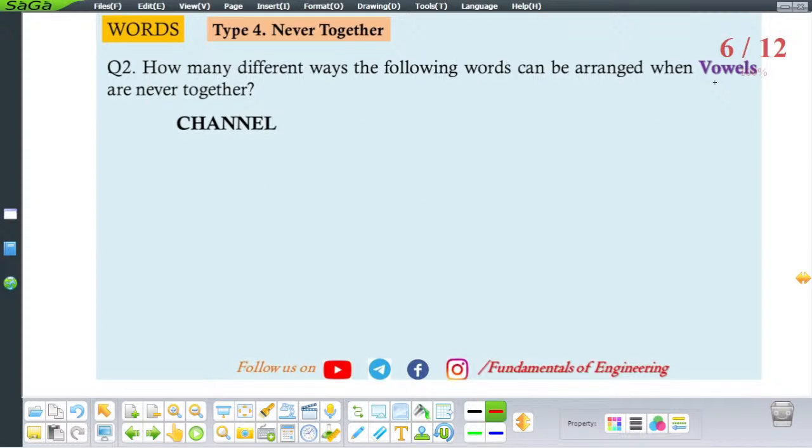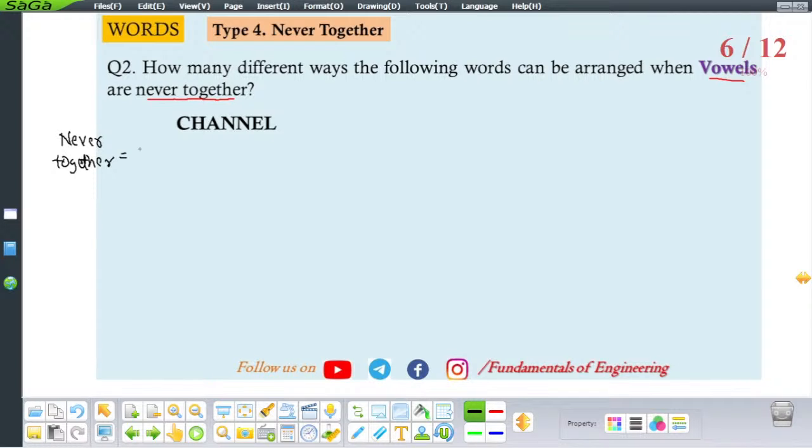So next, the vowels are never together. How can we arrange the word CHANNEL? What do we know? The never-together formula is total number of ways minus always together.